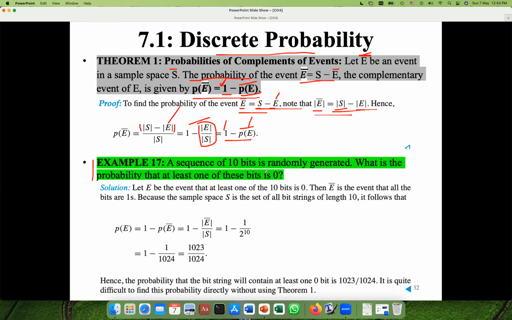And the question is, when the 10 bits are completed, what is the probability that at least one of those bits is 0?